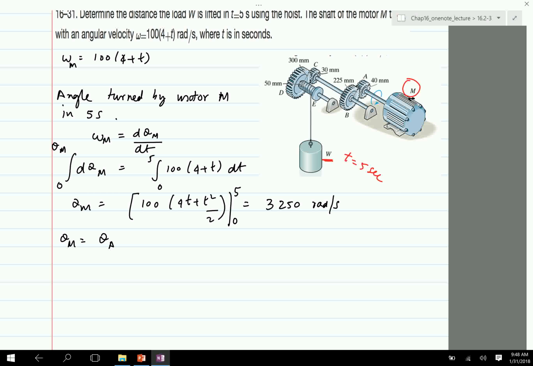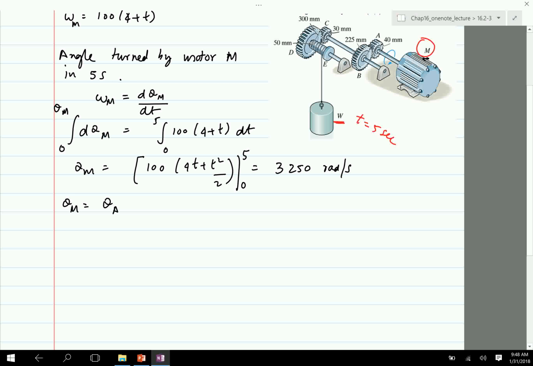But between A and B there's a gear, so I need to use the formula theta a Ra equals theta b Rb. From that I can find theta b equals theta a Ra divided by Rb, which is equal to theta m Ra divided by Rb.